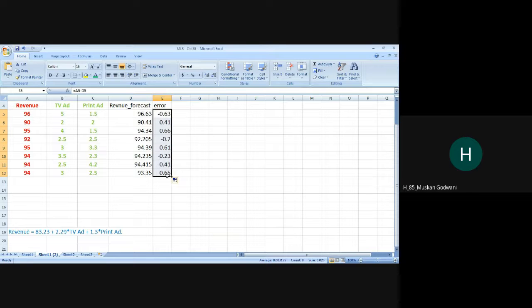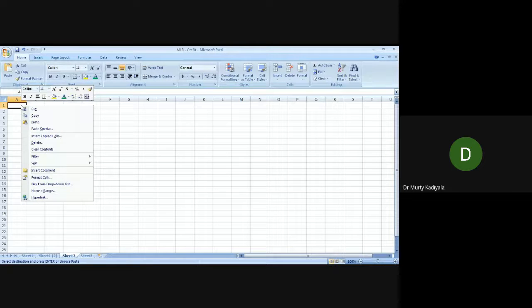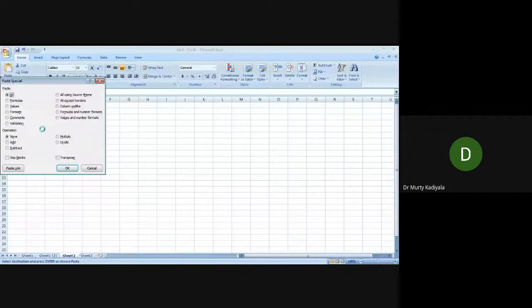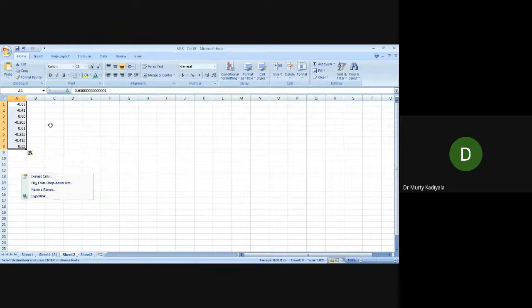Now, if these are the errors, let me copy the errors into some other sheet. Paste special. Okay, these are the errors, right?